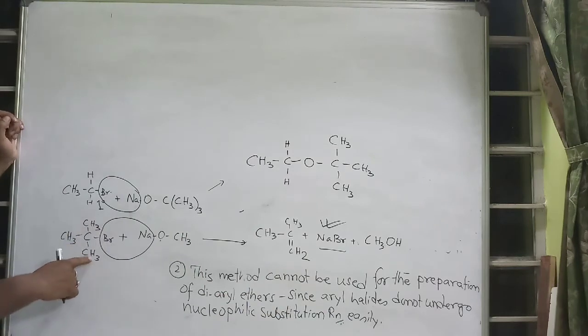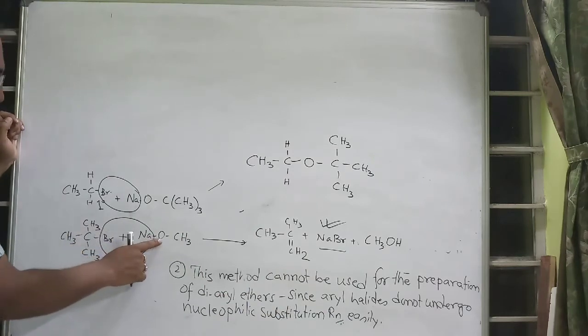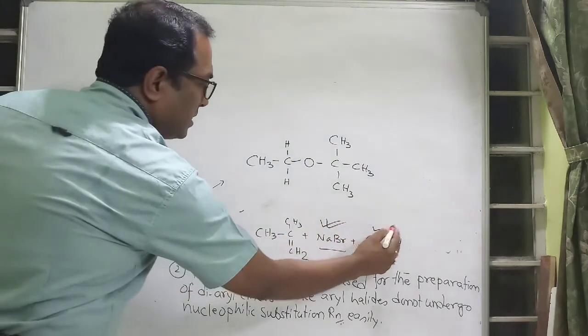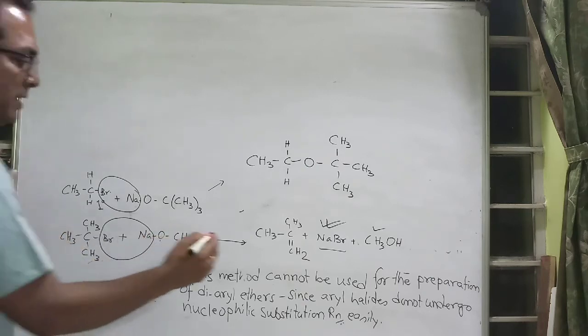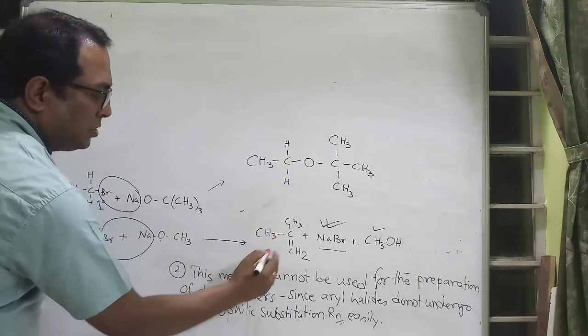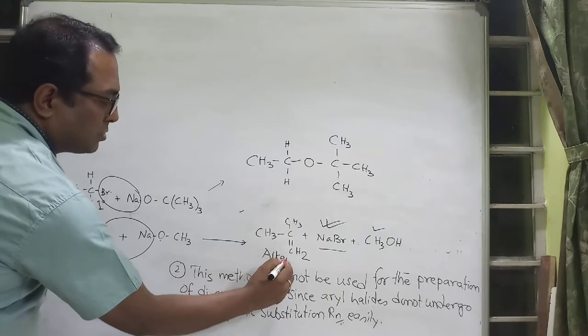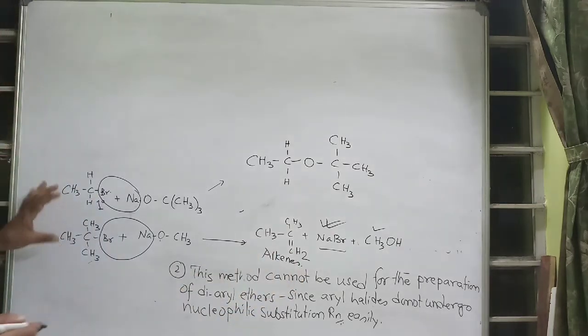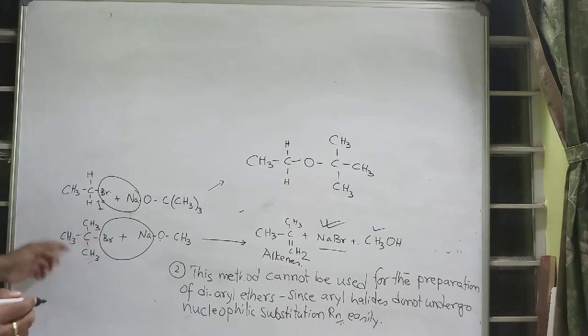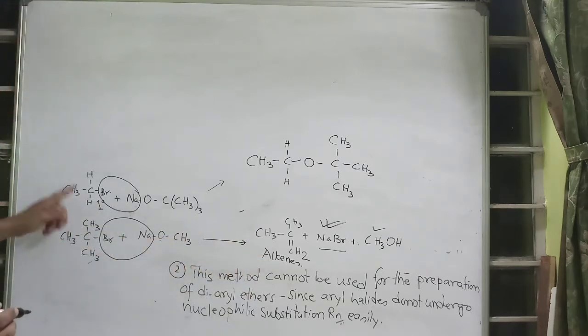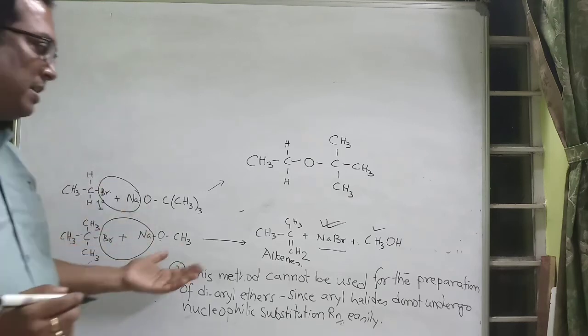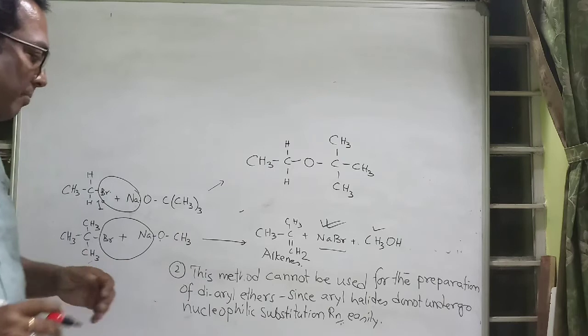One hydrogen is removed, and this H with O and CH3 forms CH3OH, methanol. So here you are going to get an alkene. So students, what you can see here is that you cannot take tertiary alkyl halides. With tertiary alkyl halides, it is going to form alkenes. So it is applicable only with primary or 1 degree alkyl halides. It cannot be used for secondary or tertiary alkyl halides.